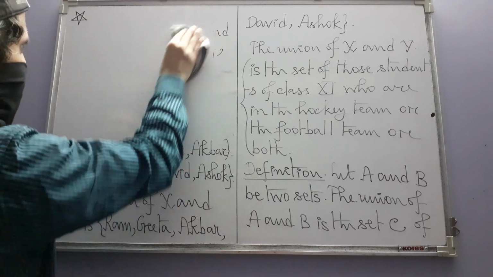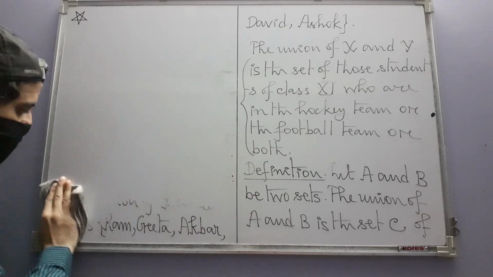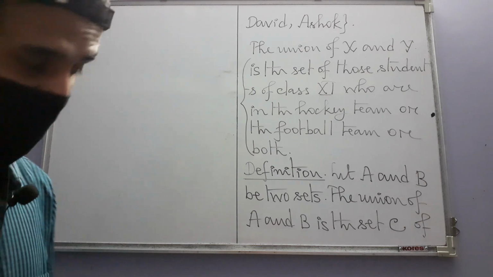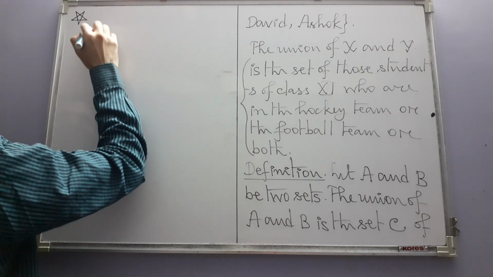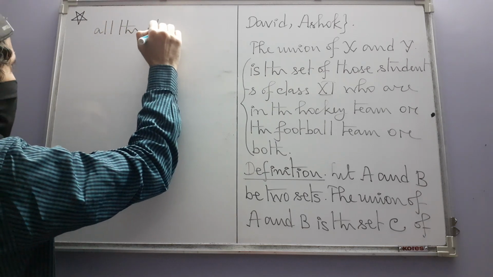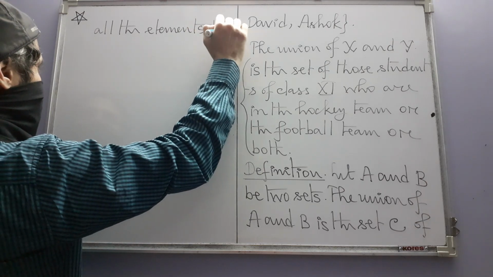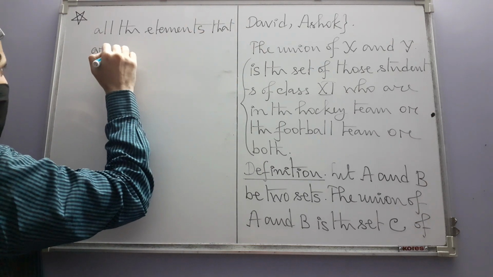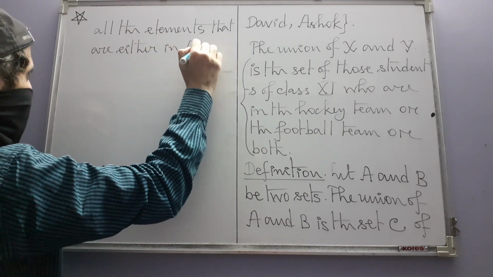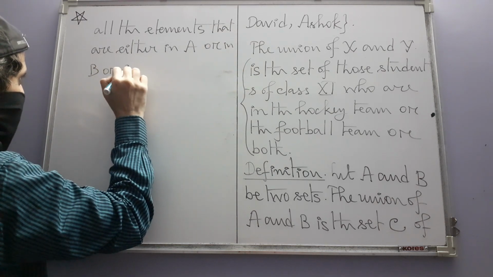The union is the set C of all the elements that are either in A or in B or in both.